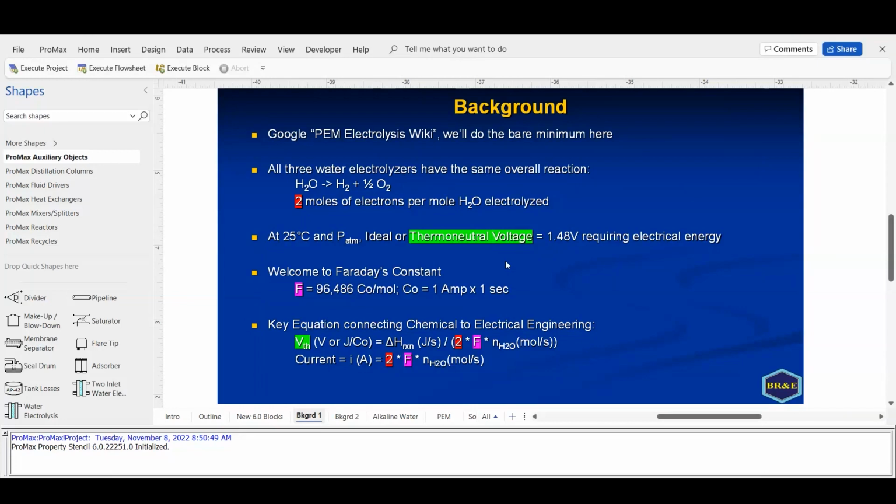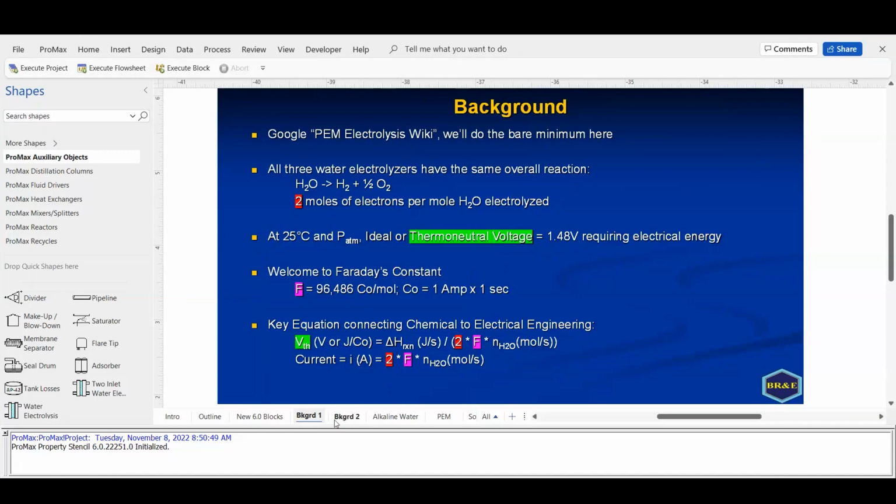So this thermal neutral voltage is something that is best to let the simulator calculate for you. As temperature and pressure change, the simulator can take care of getting you the right thermal neutral voltage. This is the ideal portion of it, and it is something that the simulator is very good at calculating.